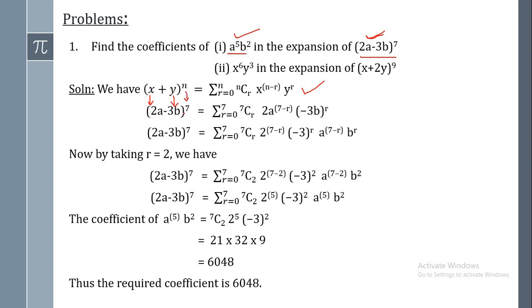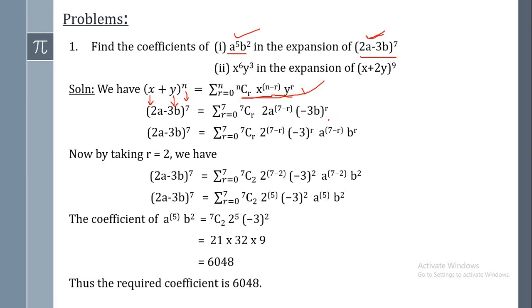So we have to apply these values to these unknowns. Now x becomes 2a, n is 7, so we get 7Cr, 2a power 7 minus r, and y is minus 3b whole power r.